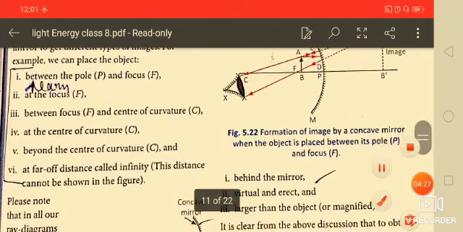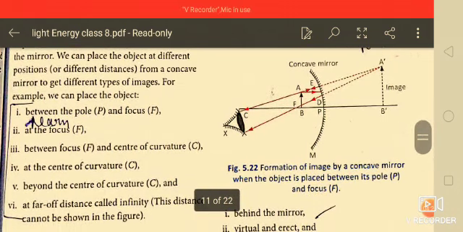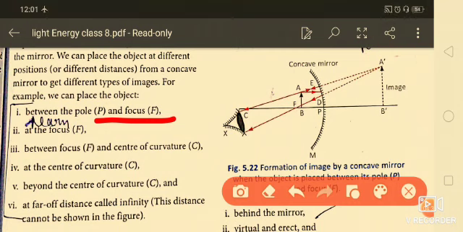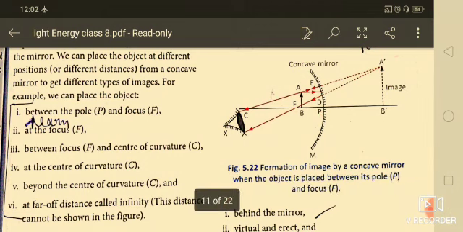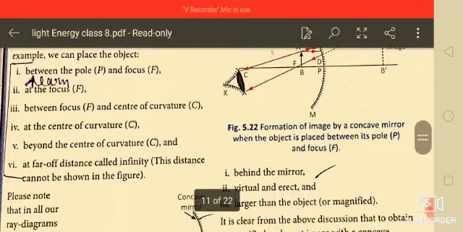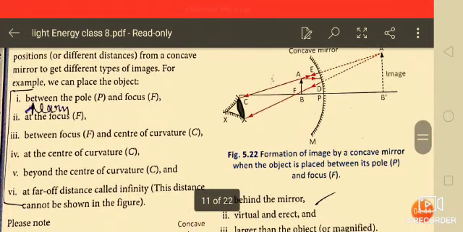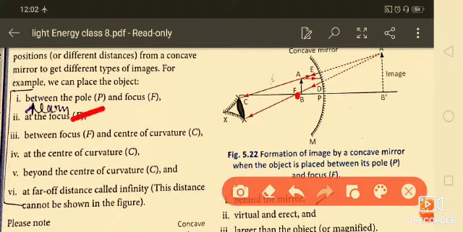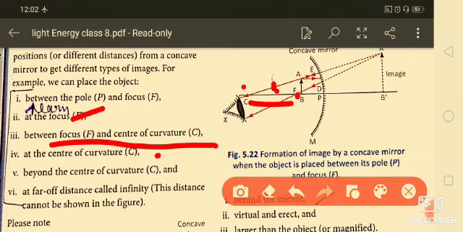For example, you can place the object between the pole and focus, at the focus, between the focus and center of curvature, at the center, and beyond the center of curvature.